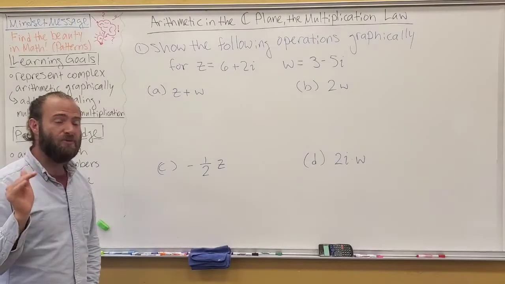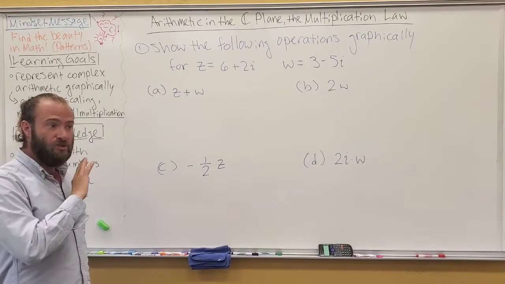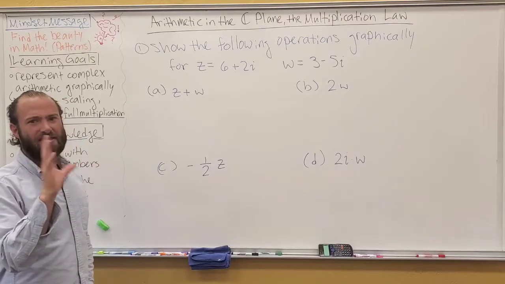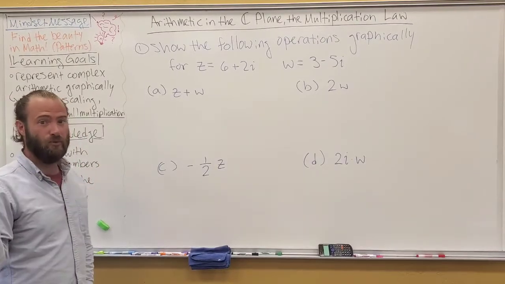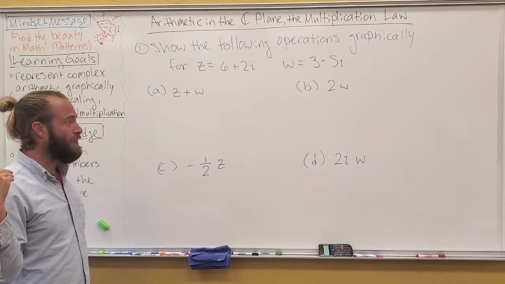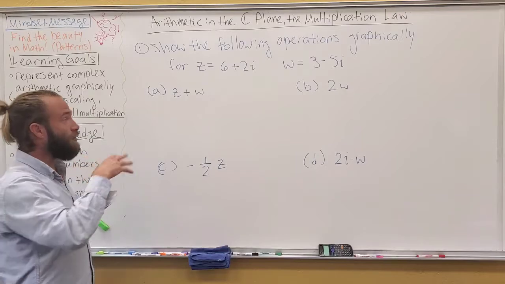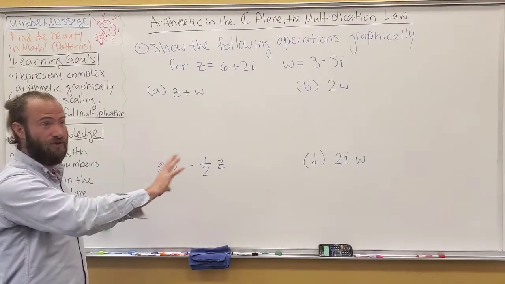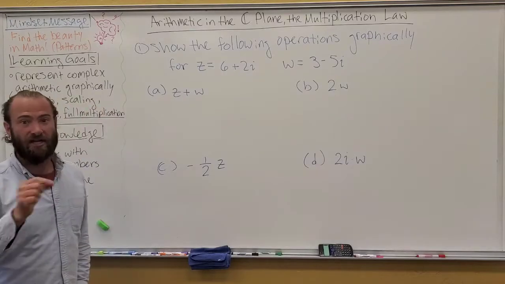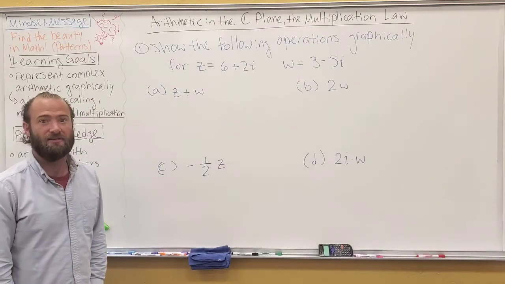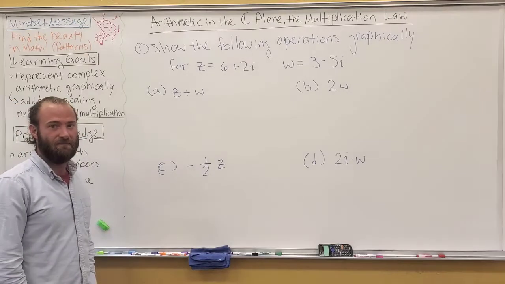What I want you to try to do first is simply draw the graph and more or less approximate or estimate how to do it graphically based on the rules we just talked about a second ago. What you can do after that, if you'd like, is you can actually perform the arithmetic purely with the points given, with the actual numbers, and then plot it and see if you got it, okay? So go ahead and pause right now, and then we'll take a look at it.